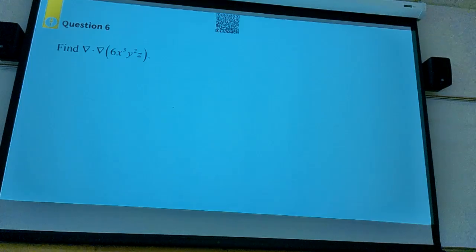That's the gradient. Gradient is not a vector field. So this is defined. I'm taking divergence of a gradient. Specifically, when you take the gradient of a function, the result is called a gradient field.